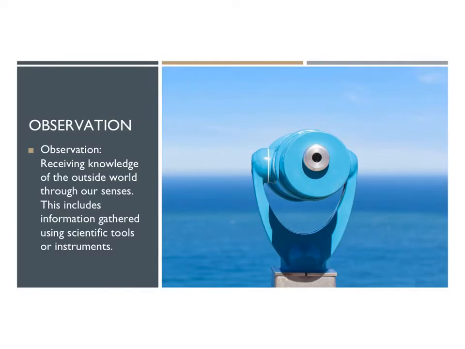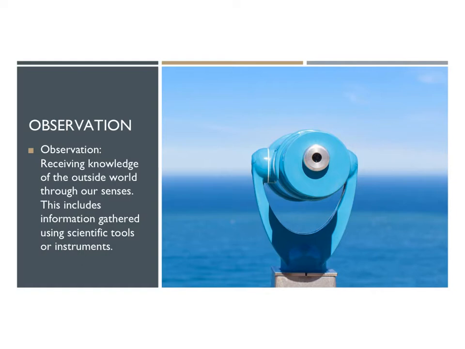So I want to start with an observation. An observation is something that you can gather by just using your senses. So just to refresh, we have 5 senses, which are sight, sound, smell, taste, and feel.